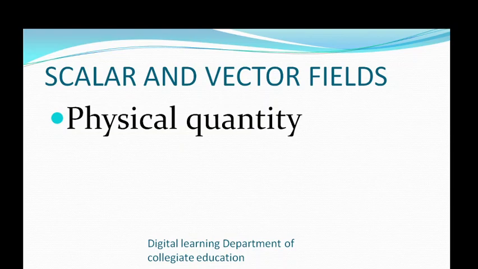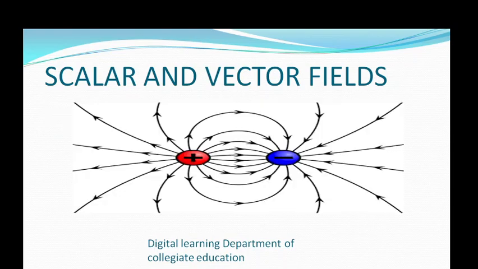Physical quantities may be classified into two types: scalar and vector quantities, both functions of time and position. In this slide, you can see positive charge and negative charge.